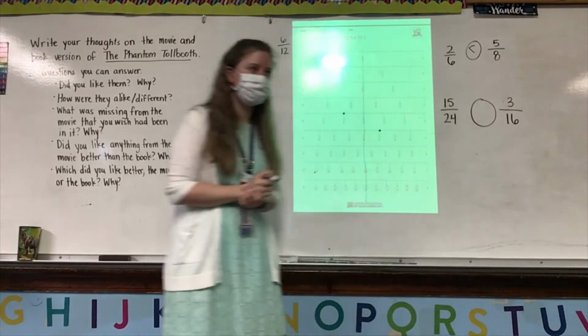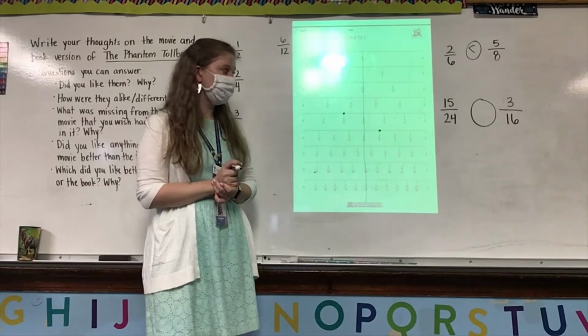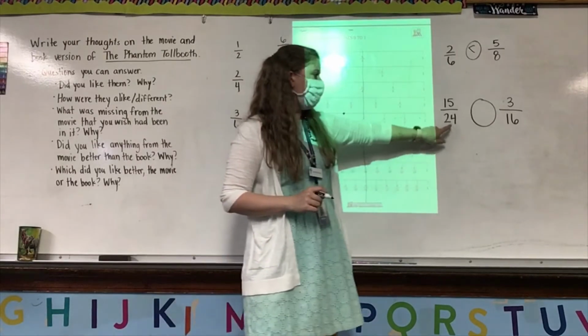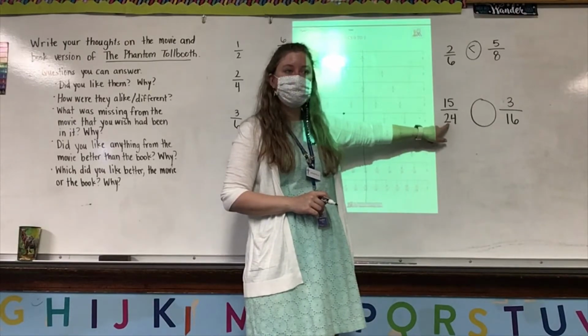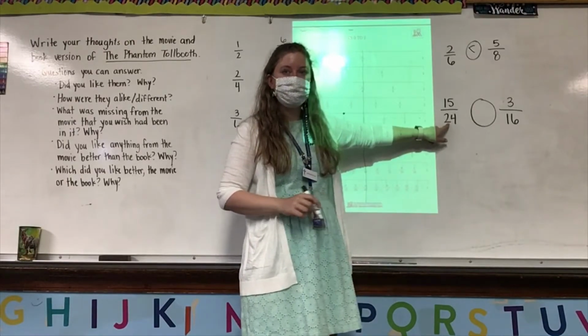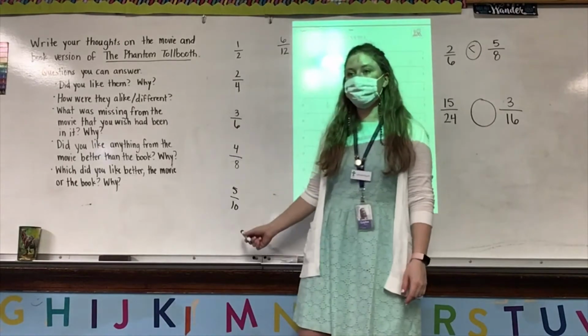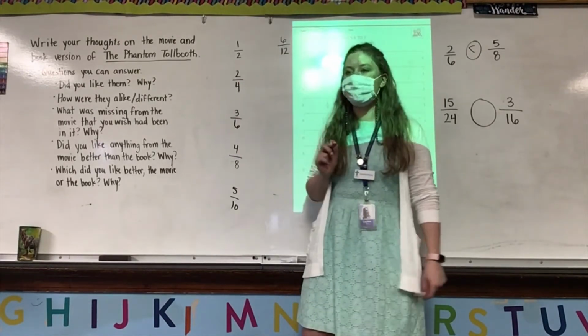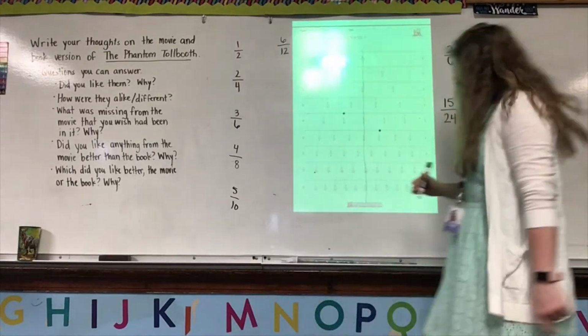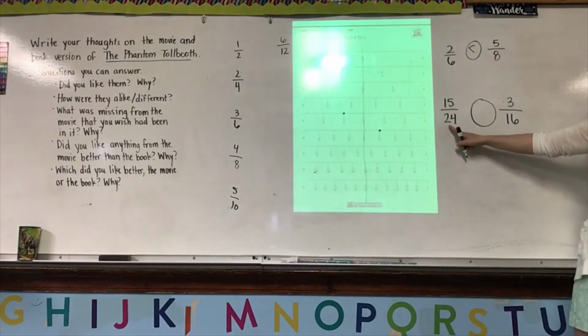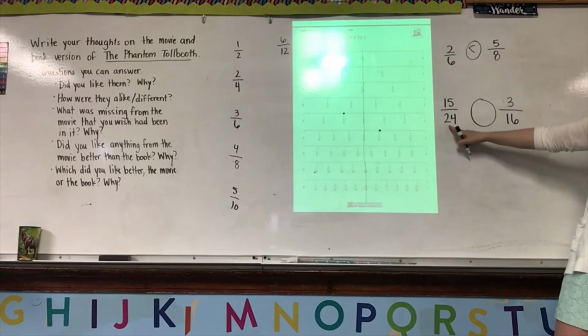What would our fraction that's equivalent to half look like with 24 as a denominator? This follows the same pattern. All of these are equivalent to half. The denominator divided by the numerator is 2. So, what would half look like with a denominator of 24?